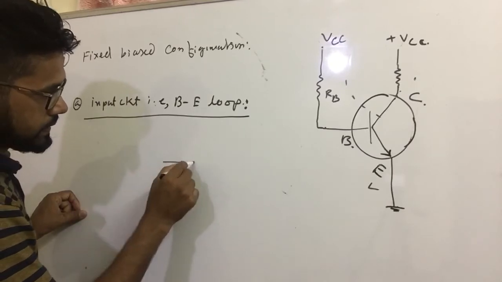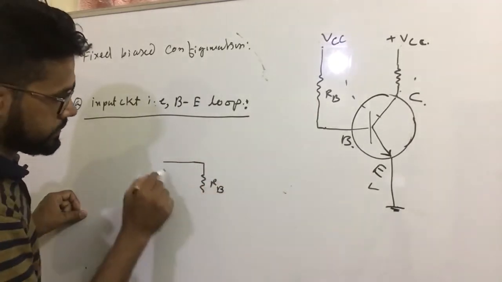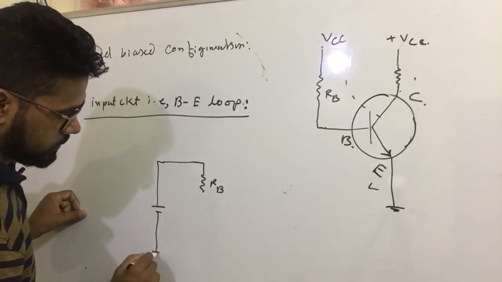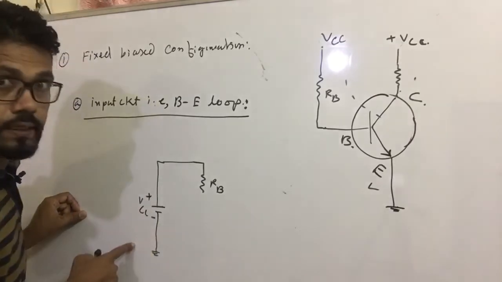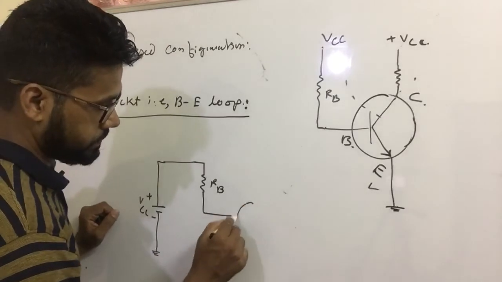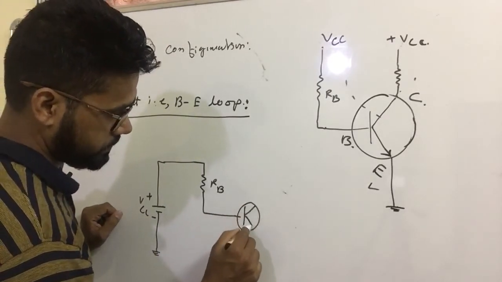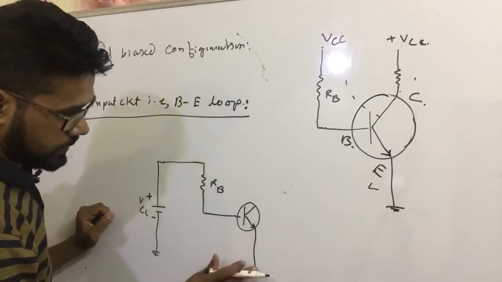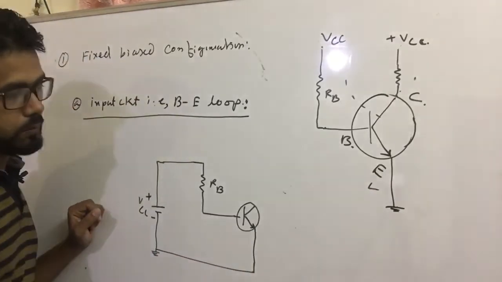This is RB. VCC is connected here. This is VCC, plus and minus, connected to ground. And this is connected to the transistor. There is a base terminal. This is emitter. This is the input circuit.